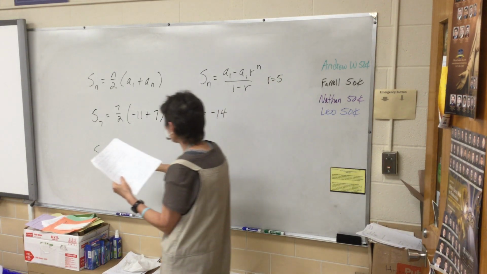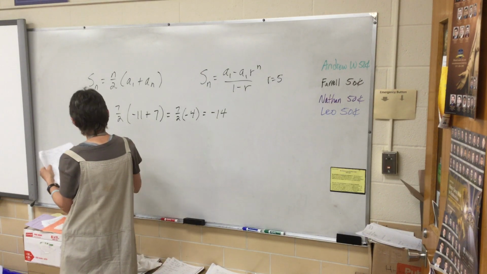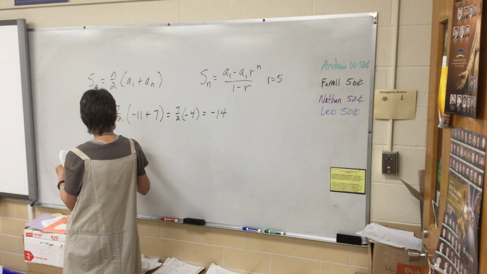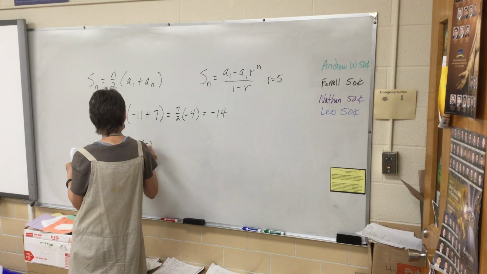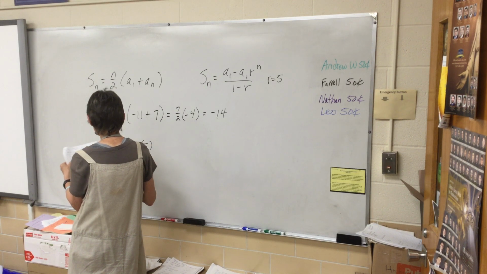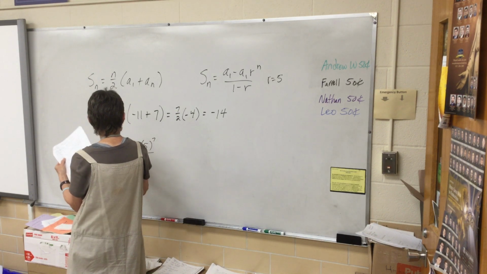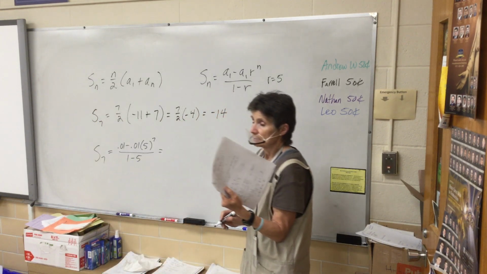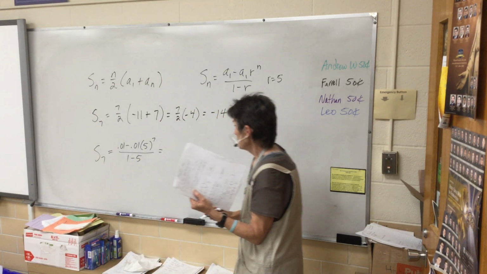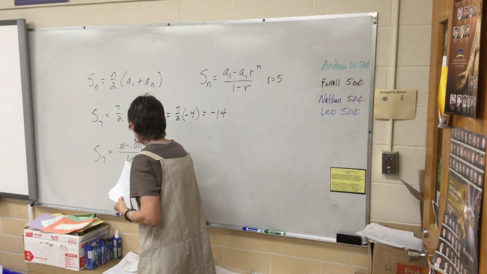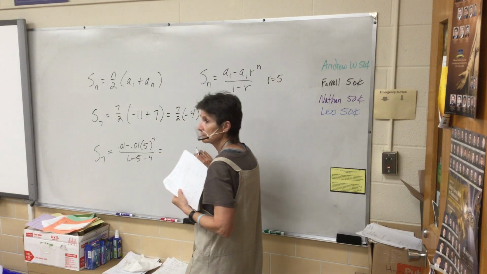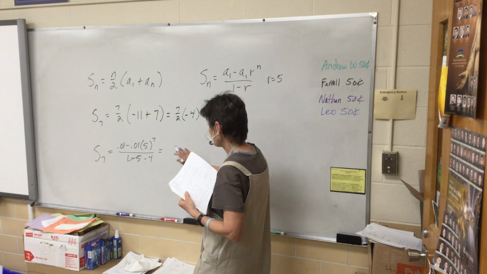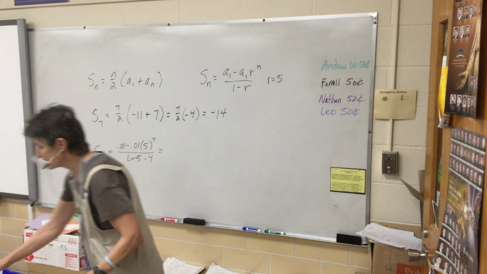So here we go. The sum of 7 will be 0.01 minus 0.01 times 5 to the 7th over 1 minus 5. So we're going to make this a -4, right? And now we're going to type it in on our calculator and see what happens.